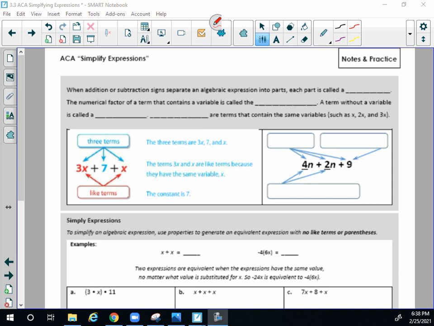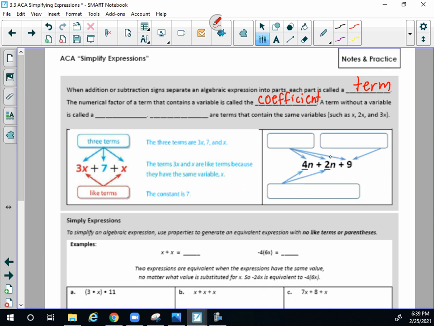So when addition or subtraction signs separate an algebraic expression into parts, each part is called a term. The numerical factor of a term that contains a variable is called the coefficient. This is the number that's in front of the variable.